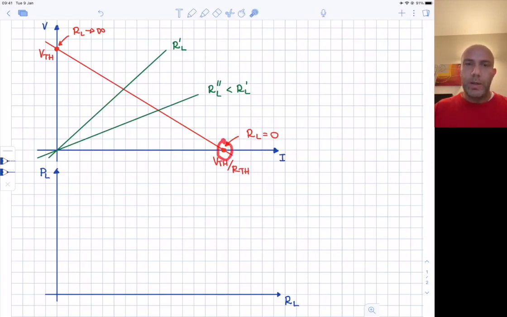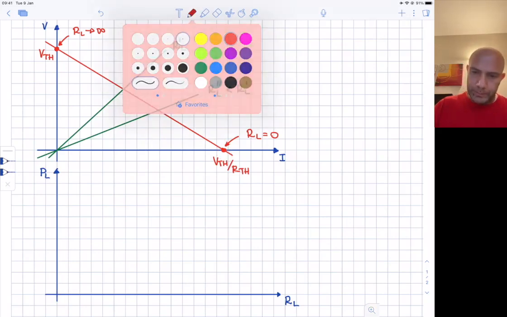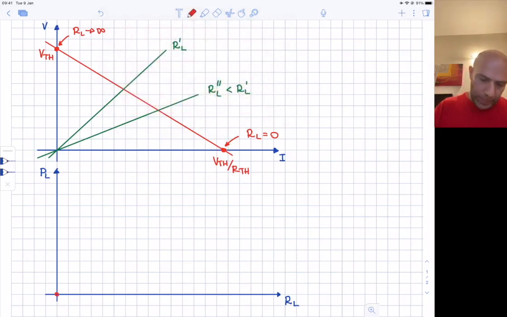So the power, that is VI, is 0. Similarly, when the resistance goes to infinity, the value of the power is 0 again, because in this point the current that is flowing through the load resistor is 0. And so, when R approaches infinity, the value of the power is 0 as well.